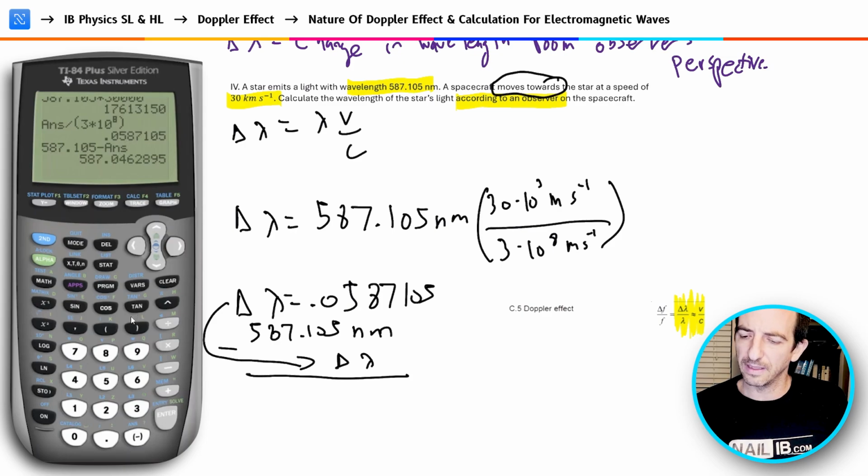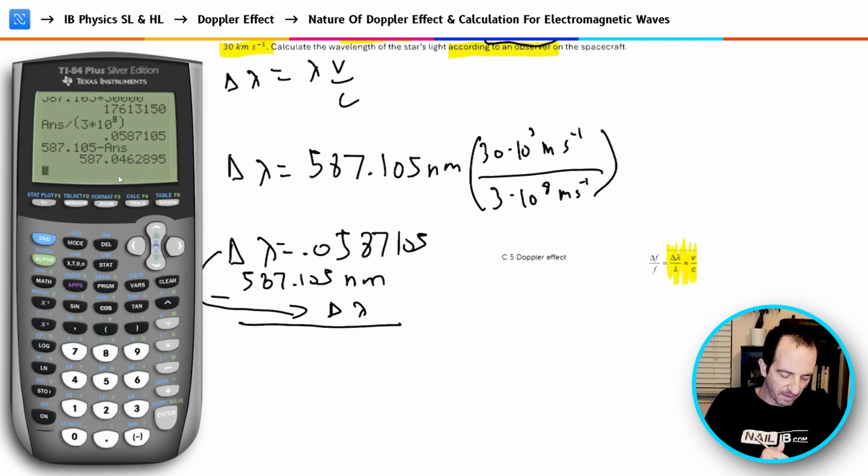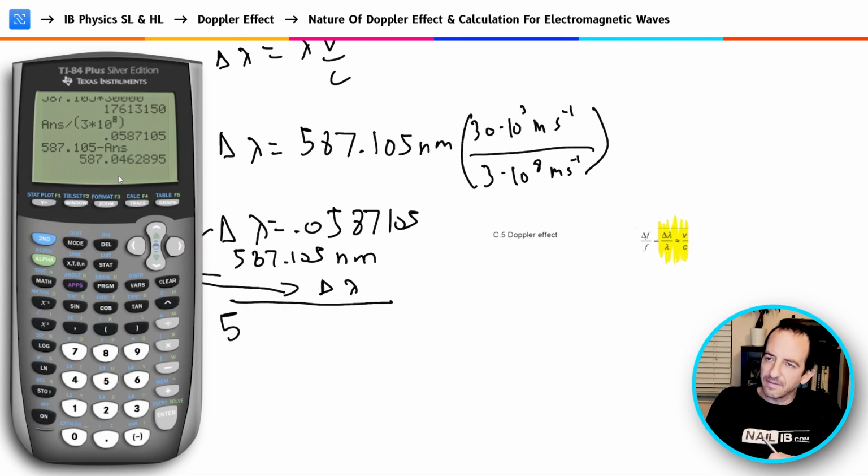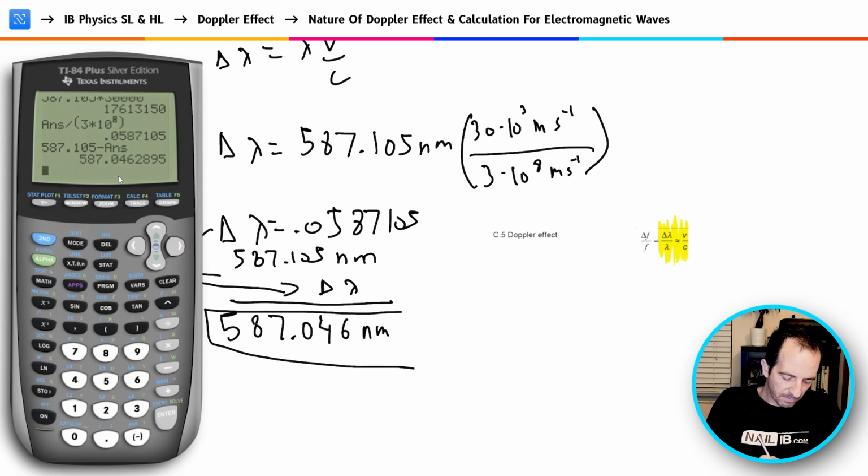And I'm left with, in this case, 587.046. So the observed wavelength from the perspective of the observer is 587.046 nanometers, because we never changed the unit.